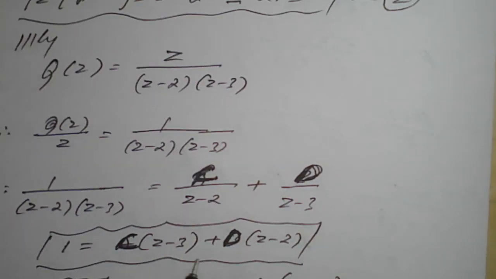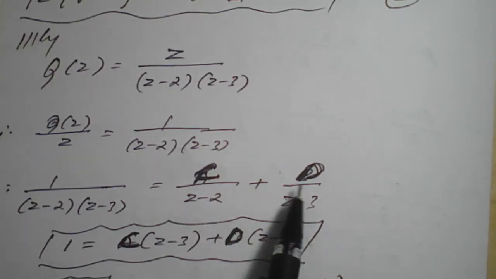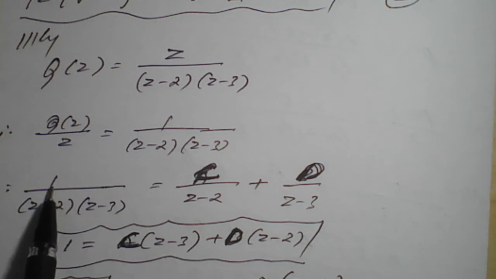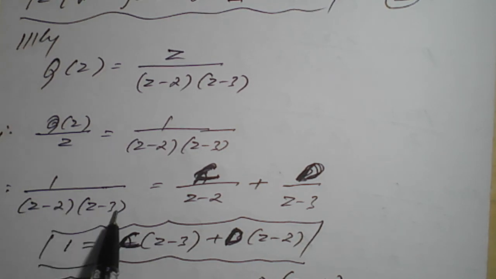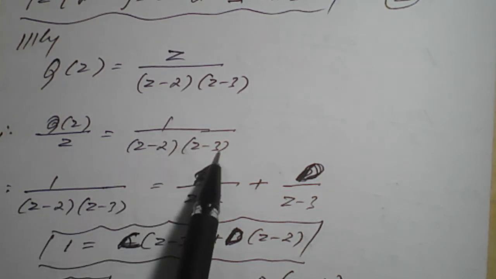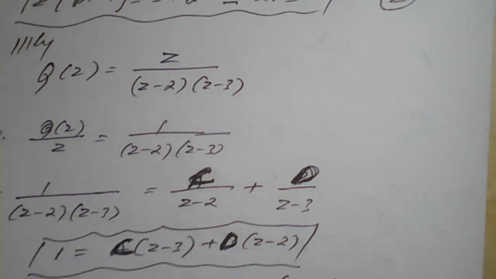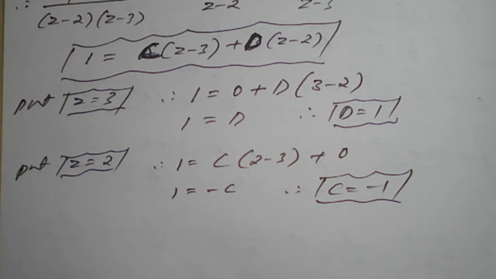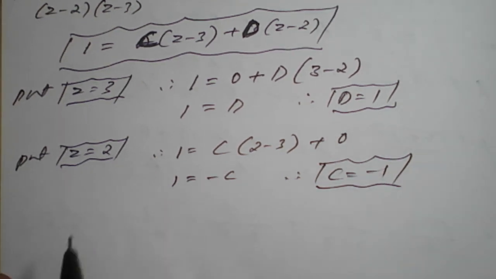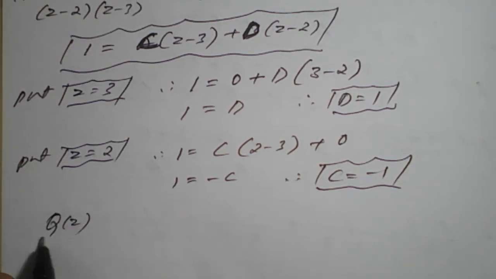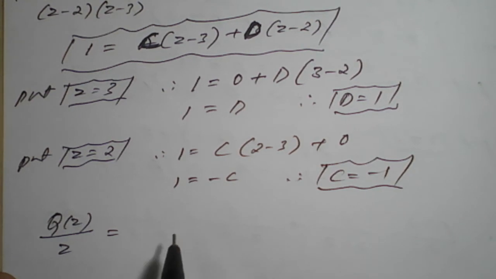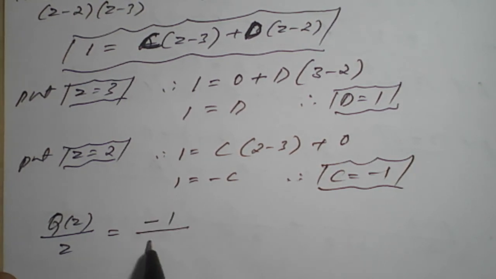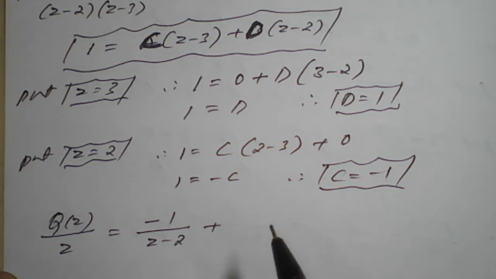So we need to apply that C and D in this situation. 1 upon Z minus 2 into Z minus 3 is nothing but QZ upon Z. So I can write the next step as QZ upon Z is equal to C divided by Z minus 2. C value is minus 1 divided by Z minus 2 plus D divided by Z minus 3.